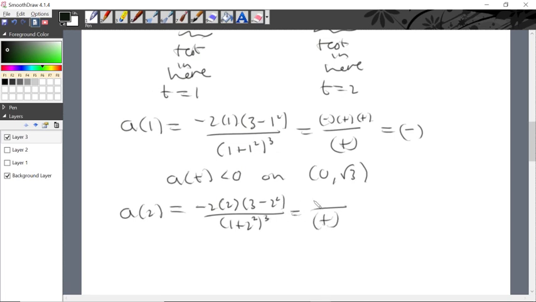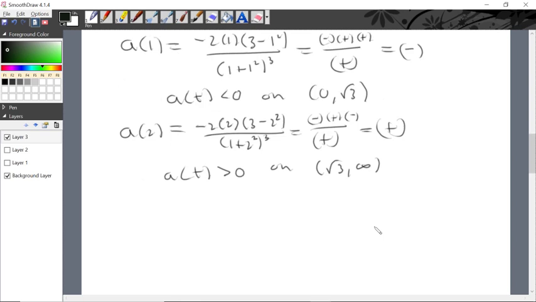The numerator, we now have a negative times a positive times a negative, because 3 minus 2 squared is going to be a negative. So we have positive over positive, which is positive. So we have found that the acceleration is greater than 0 on the interval from root 3 to infinity.